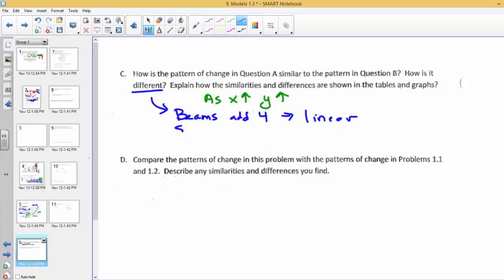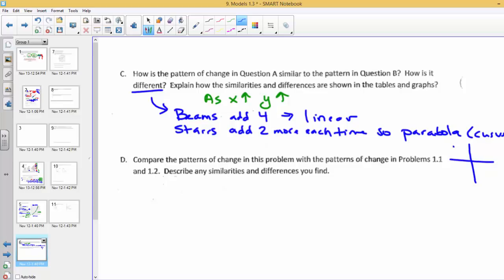And the stairs add 2 more each time. So it's a parabola, or it's a curve. Parabolas actually look like this. So we're looking at this part of the parabola, that curve part. We've kind of already explained how it is shown in the table and graph, so I'm going to cross that off.